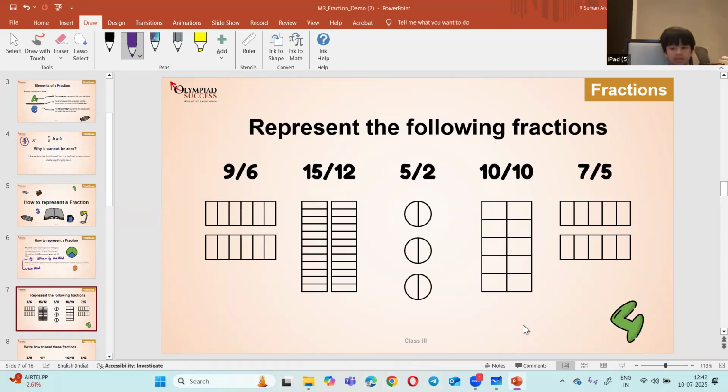Better, yes. Now tell me. This fraction says you need to represent 9 upon 6 in this given image. How do we shade 9 parts out of 6 parts?